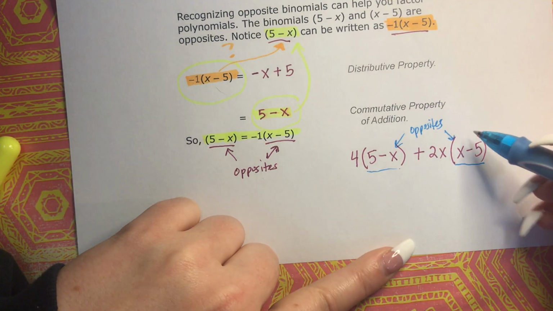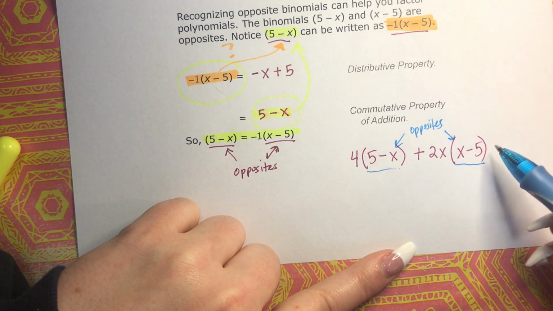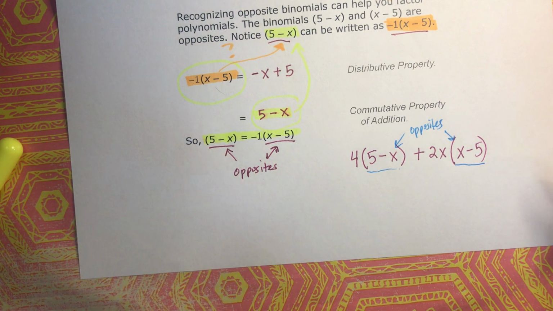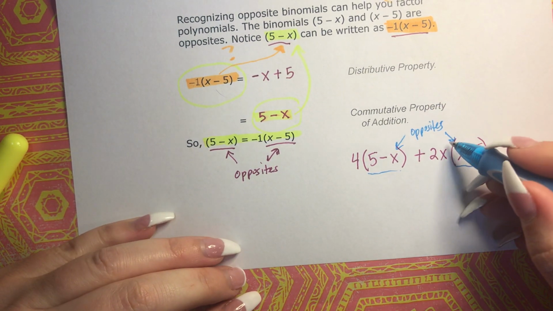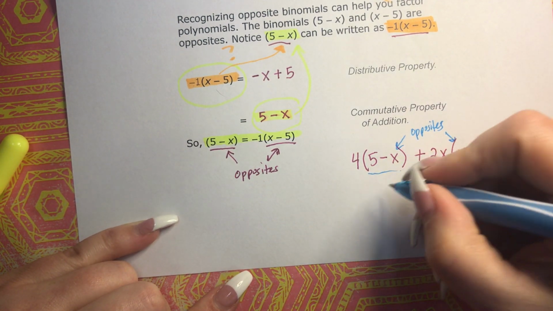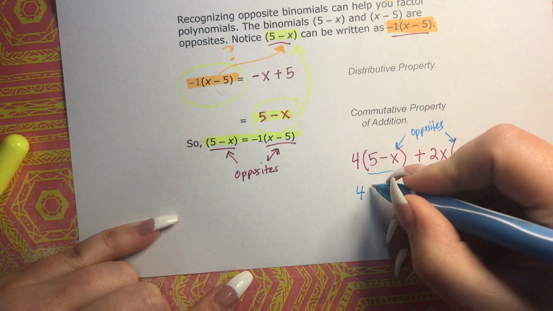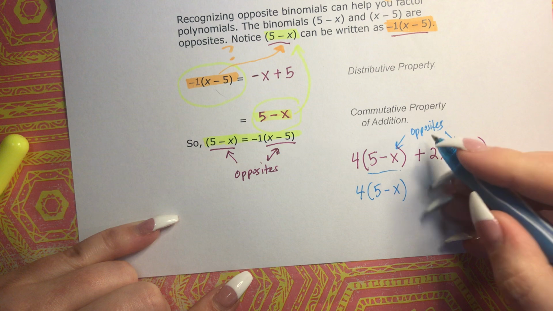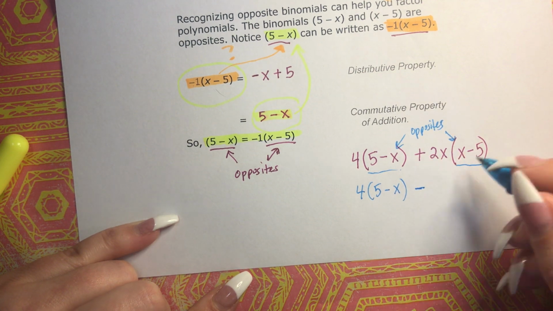And you can make them into the same thing by factoring out a -1. So if we take this one here and we factor out a -1, I'm just going to rewrite all of this. And instead of this being positive, I'm going to factor out a negative.